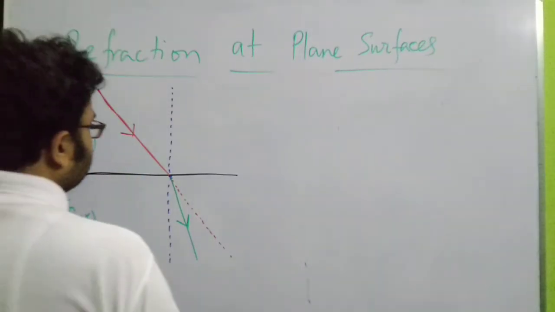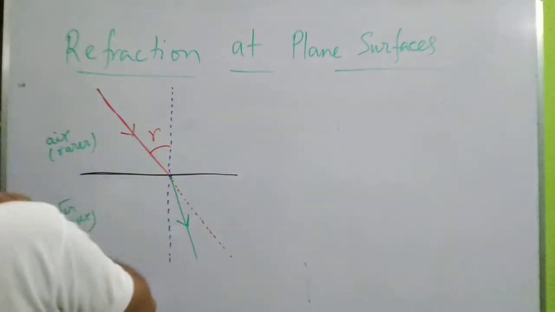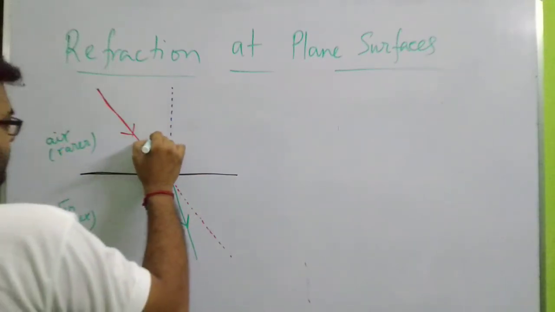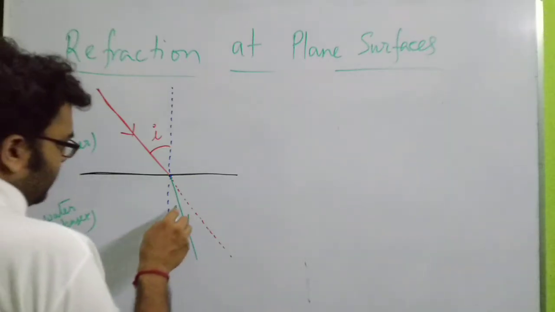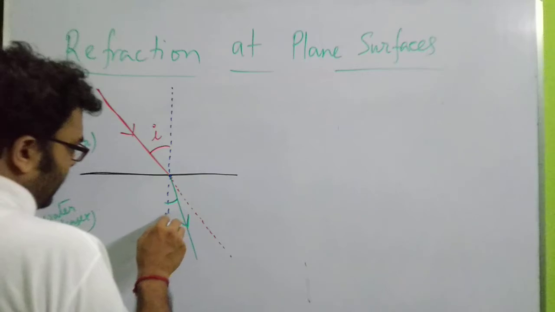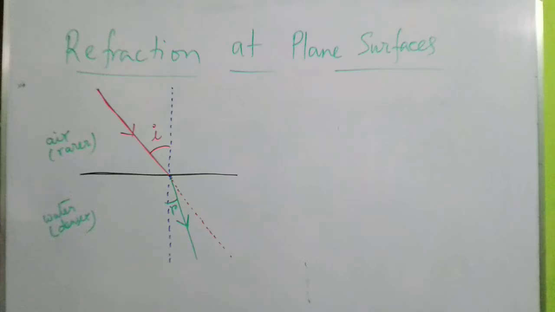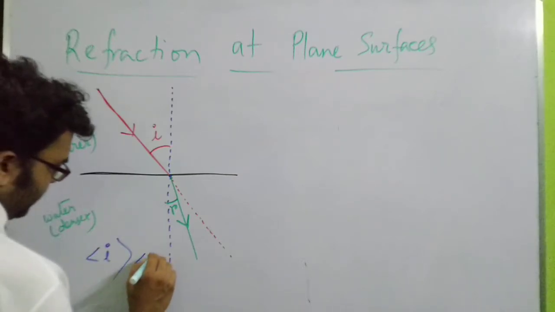If I consider the angle between the incident ray and the normal, this is the angle of incidence. We can denote it by the letter I, and the angle between the refracted ray and the normal is the angle of refraction, denoted by the letter R. So when light travels from a rarer to a denser medium, the angle of incidence I is greater than the angle of refraction R.